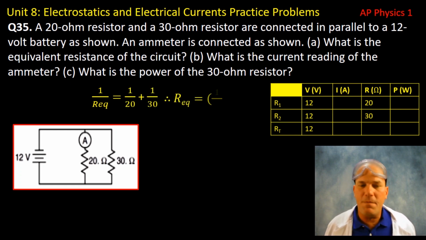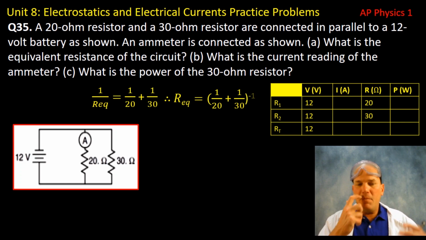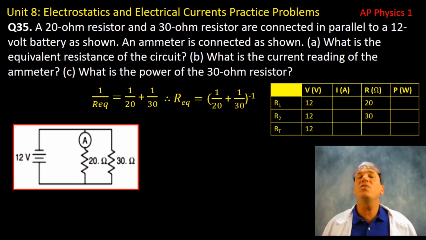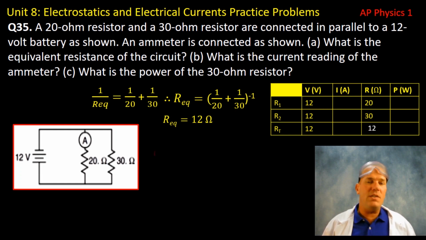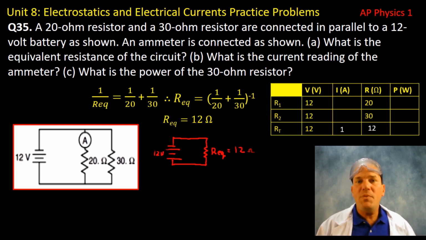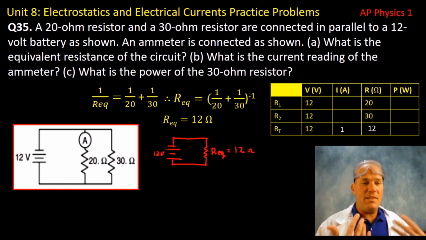In other words, we're going to find what the resistance of the 20 and 30 ohm resistors are in parallel using this relationship, 1 over 20 plus 1 over 30, and the inverse of that will give you the equivalent resistance of 12 ohms.